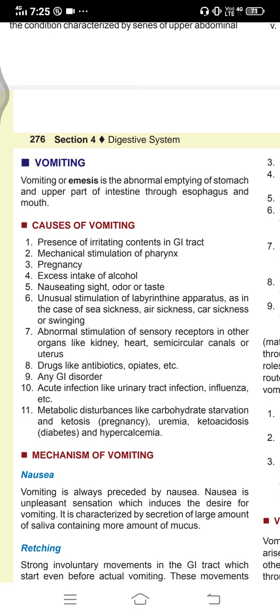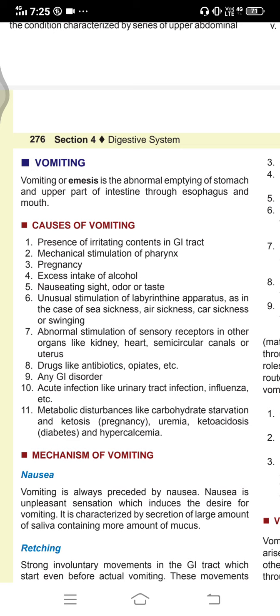Causes of vomiting are presence of irritating contents in the GI tract, mechanical stimulation of the pharynx, pregnancy, excess intake of alcohol, nauseating sight, odor, or smell, unusual stimulation of the labyrinthine apparatus, as in the case of seasickness, air sickness, car sickness, or swinging. Abnormal stimulation of sensory receptors in other organs like kidney, heart, semicircular canals, or uterus.